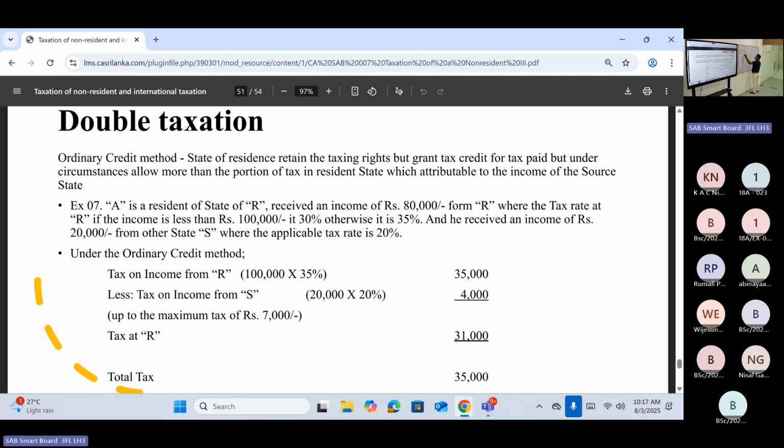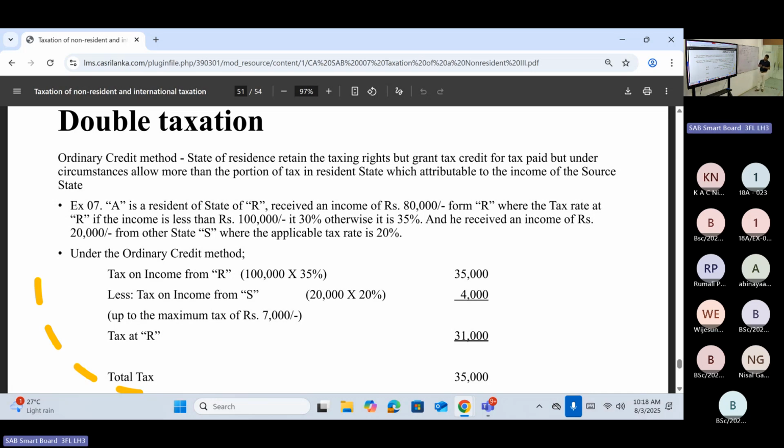Tax at 35% is 35,000. Now in country S he has only paid 4,000. Therefore we are giving tax credit on the 20,000.